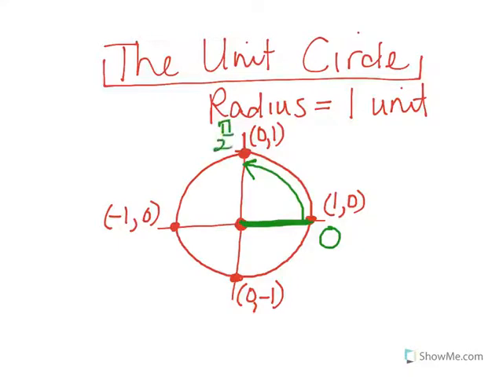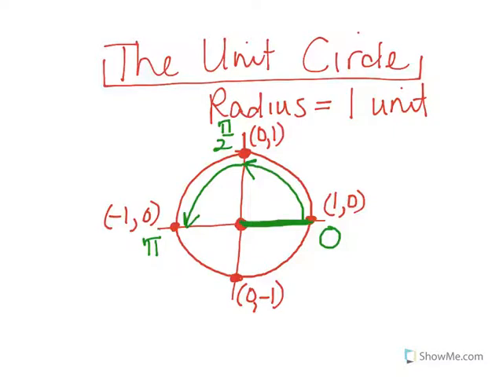Pi over 2 radians, which is 90 degrees, right? If we continue traveling, now we've gone a complete 180 degrees, right? But let's focus on the radians. So we're going to label it as pi radians.